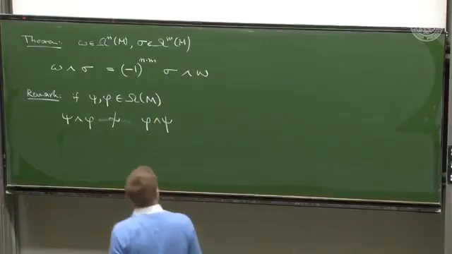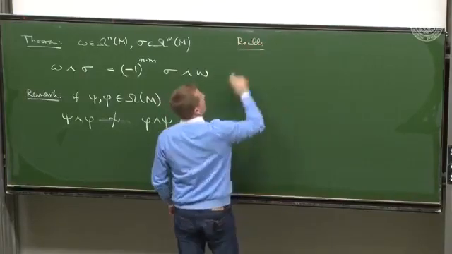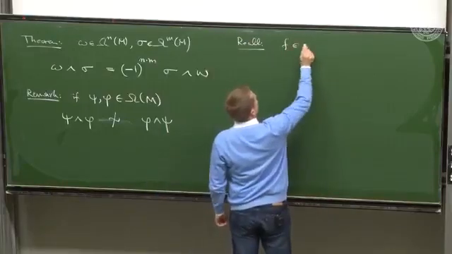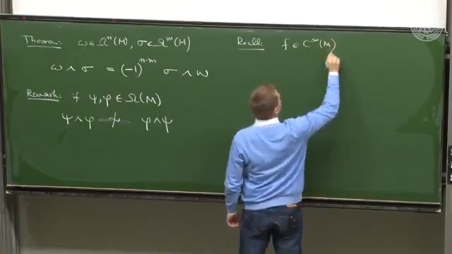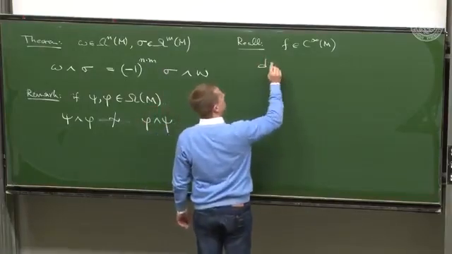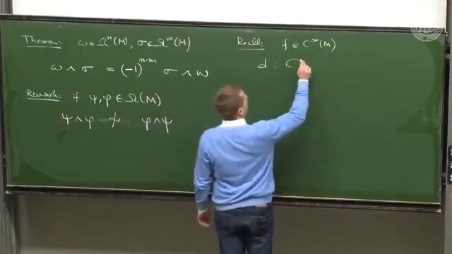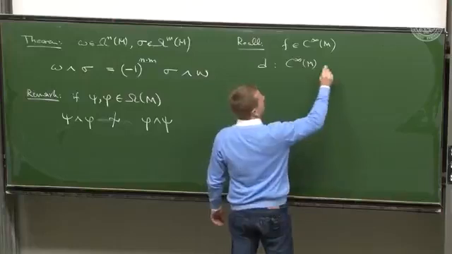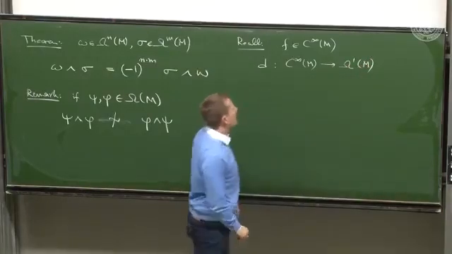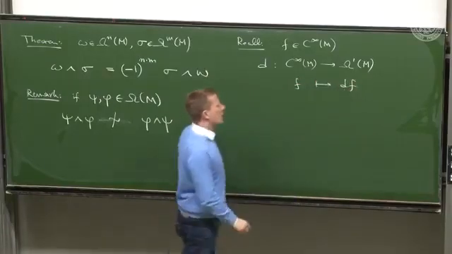And so we first recall that we had this gradient at a point. So if we had a smooth function f, we could define this gradient operator, but now not at a particular point, but we can define it on any function, and what it yields is a 1 form. Because what we had before, okay, so I write it down, so f is sent to df, and that's a 1 form.